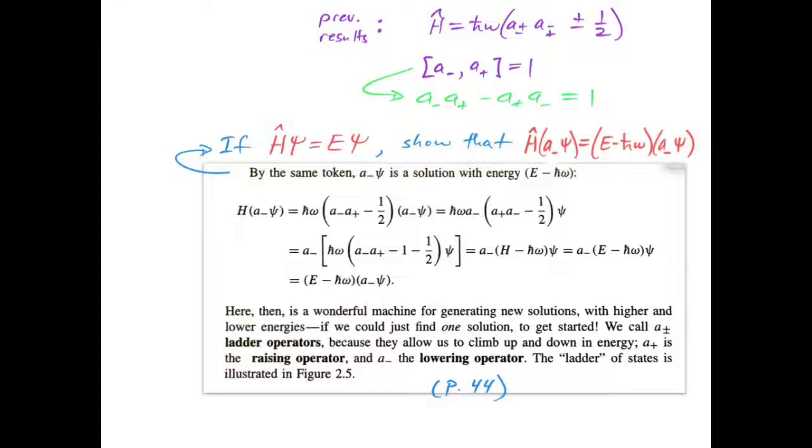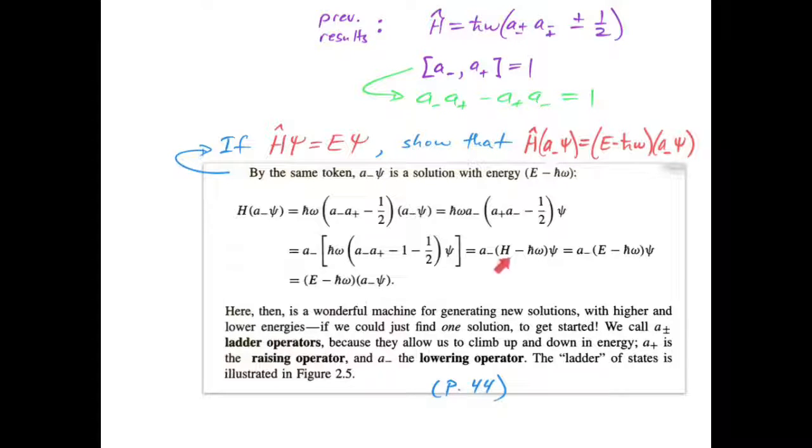We then do some regrouping. We can note that h bar omega a minus a plus and h bar omega minus 1/2 can be written in terms of the Hamiltonian. So this becomes the Hamiltonian operator, and the 1 and h bar becomes that h bar right there. So that proceeds very much as in the previous paragraph.